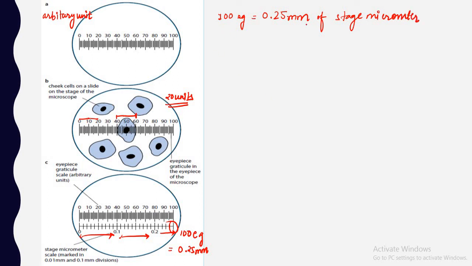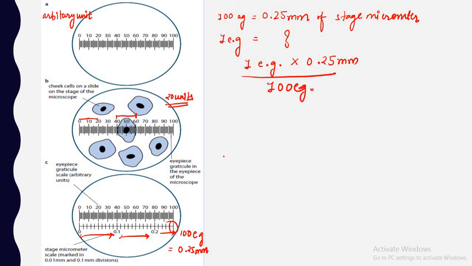Okay, now if 100 is equal to 0.25, then one eyepiece graticule means how much? So I hope you know the cross multiplication. One eyepiece graticule into 0.25 mm divided by 100 eyepiece graticule, which will give you somewhere around 0.0025 mm.